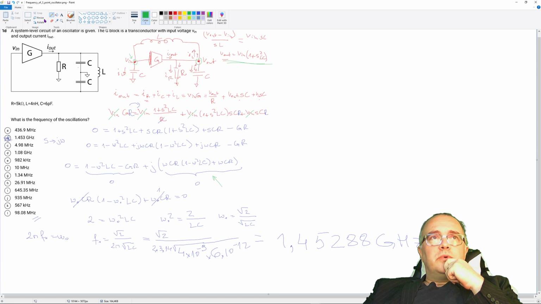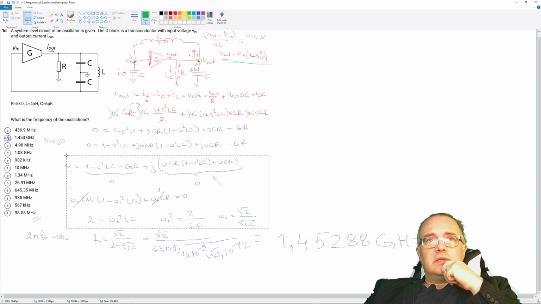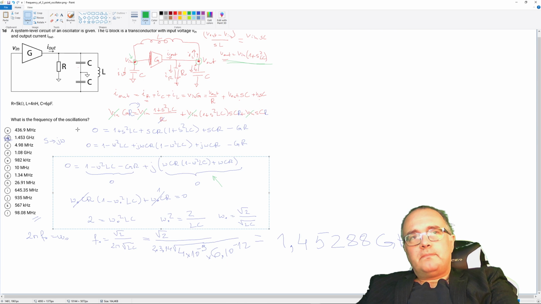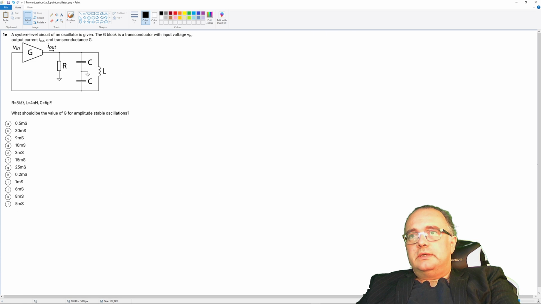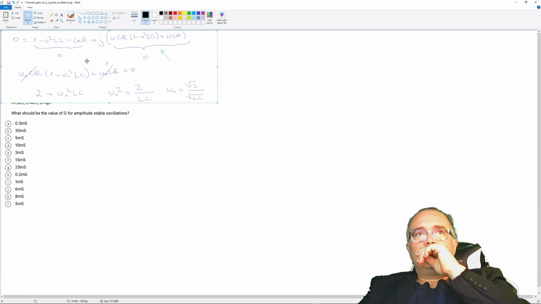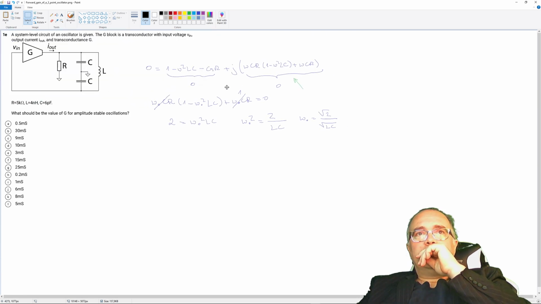Now, this is the important part that we need for our problem to find the transconductance G. So I will simply copy this part and paste it here so that I can start from this expression.